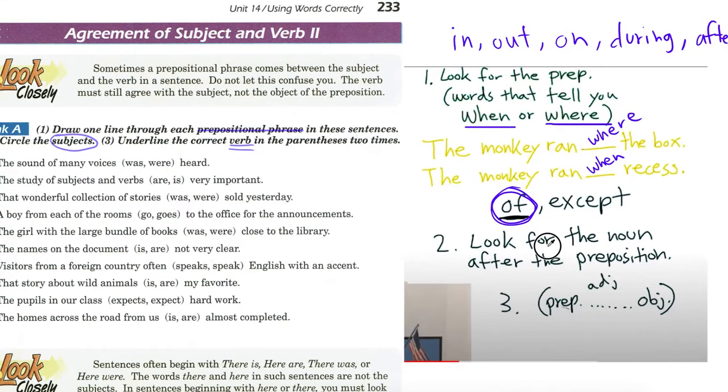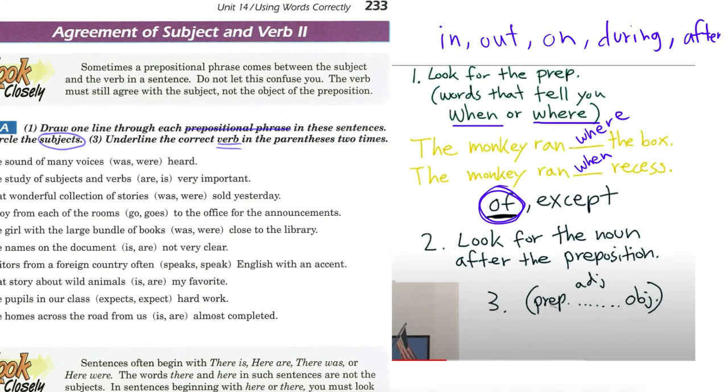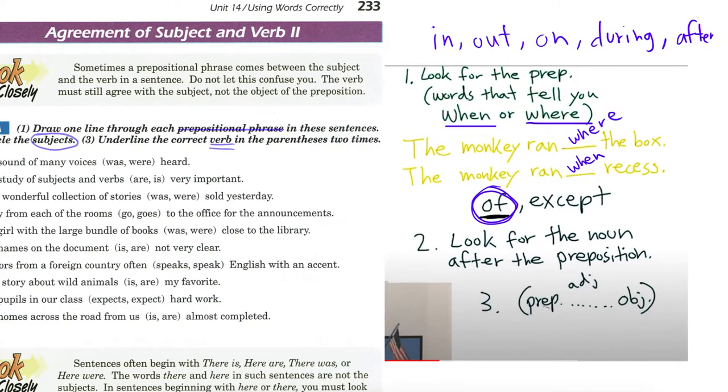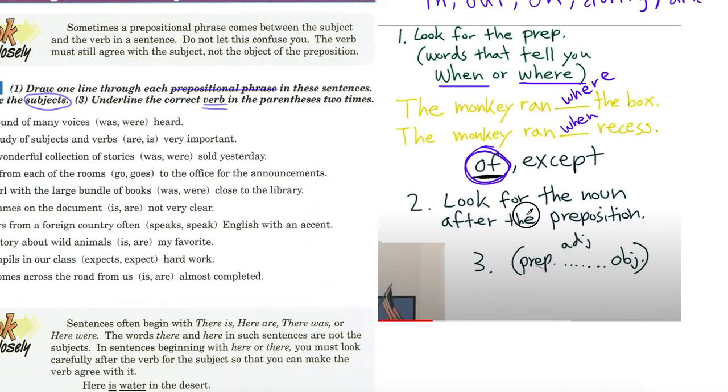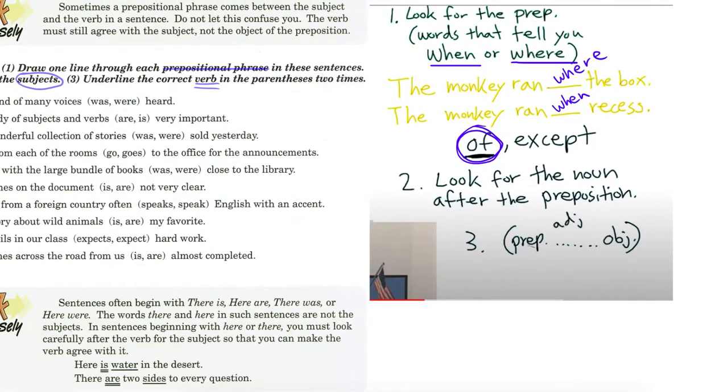All right. And if you guys recall how to look for a prepositional phrase, first you will look for the preposition, and then after you look for the preposition, you look for the noun following the preposition. For example, let's do the monkey again. The monkey ran in the box.